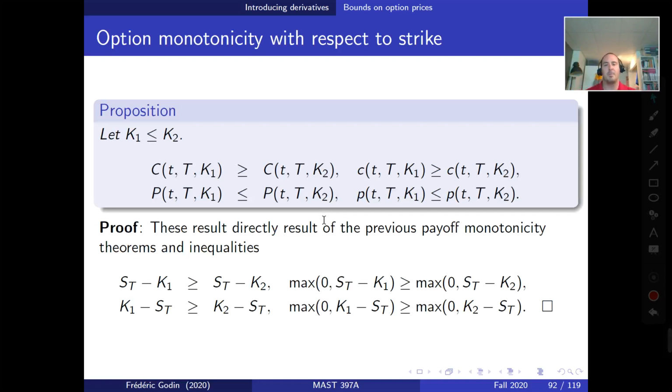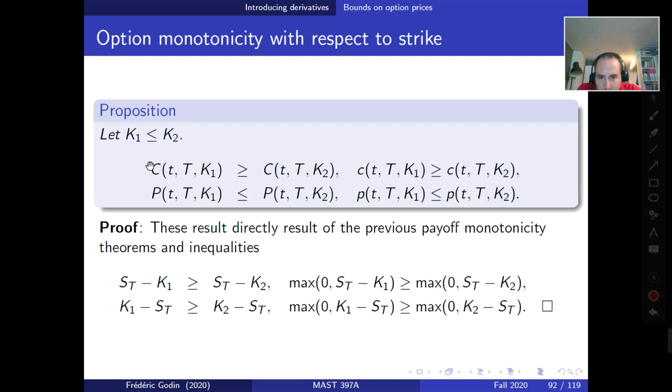So the first proposition is the following. If we have two possible values of the strike, K1 smaller or equal to K2, then the price of a call option with strike K1 is greater or equal to the price of the option with strike K2.